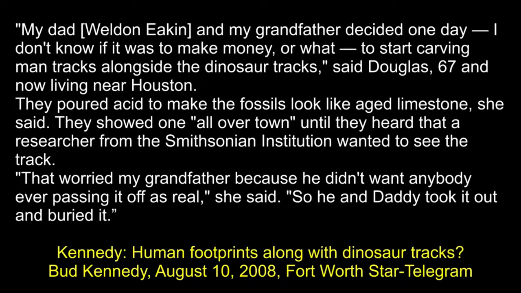They poured acid to make the fossils look like aged limestone," she said. "They showed one all over town until they heard that a researcher from the Smithsonian Institution wanted to see the track. That worried my grandfather because he didn't want anybody ever passing it off as real," she said. "So he and Daddy took it out and buried it."